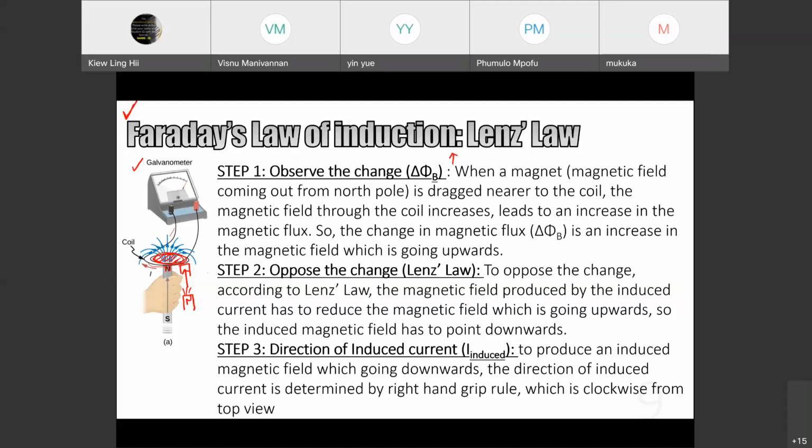So the amount of magnetic field increases, which causes an increase in your magnetic flux. Now we have to think about the direction as well. What is the direction of the magnetic flux? The direction of the magnetic field is going upwards. Correct?